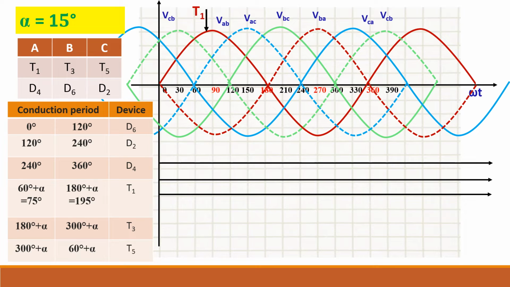Only T1 changes, starting at 60 plus alpha. Alpha is 15 degree, so I have made it 75 degree. Add 15 degree to this and you get 195 degree for T1, T3 and T5. So T1 should start at 75 degree.